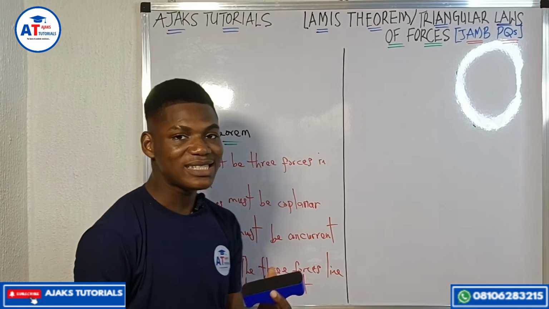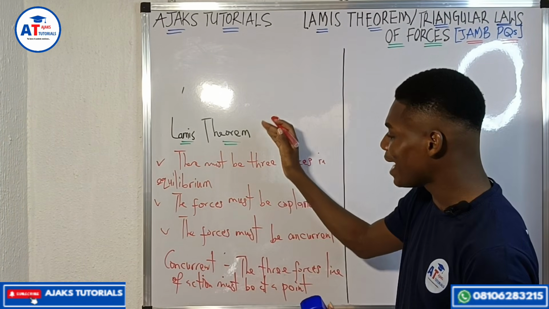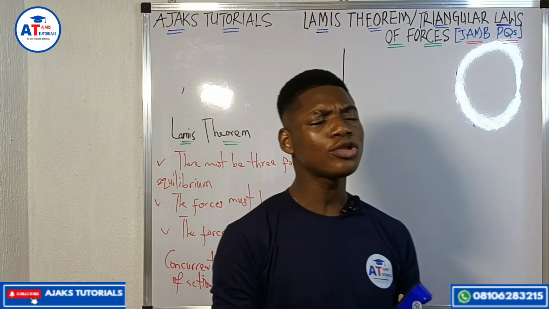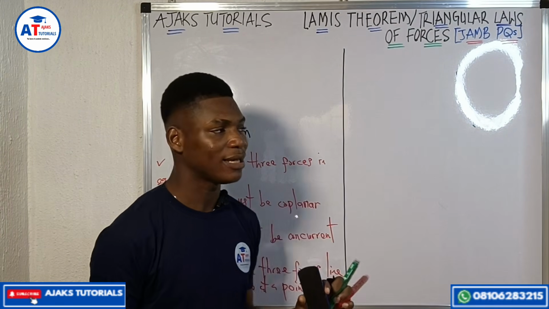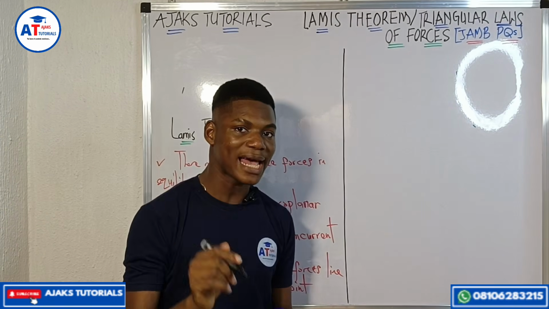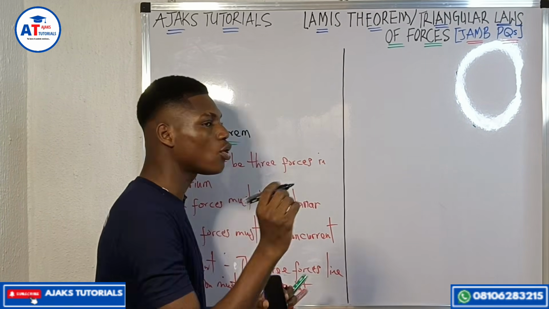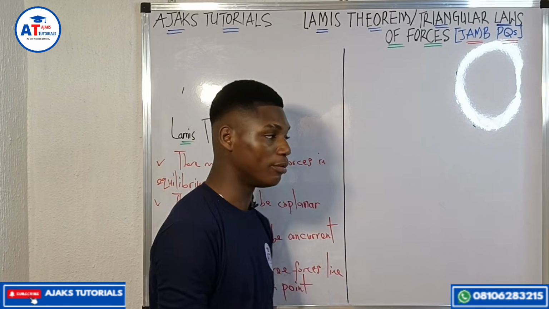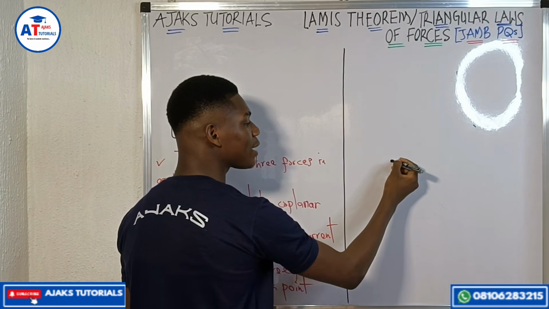So once these three rules are in place, Lami's theorem is possible. Now please, I want us to pay attention. Let me explain something else to you. This is what we call the sign rule. But before then, let me just draw how you are going to solve with Lami's theorem.